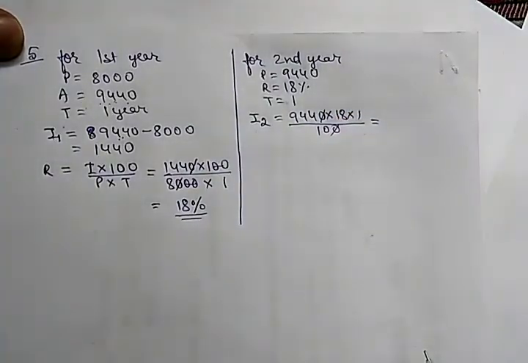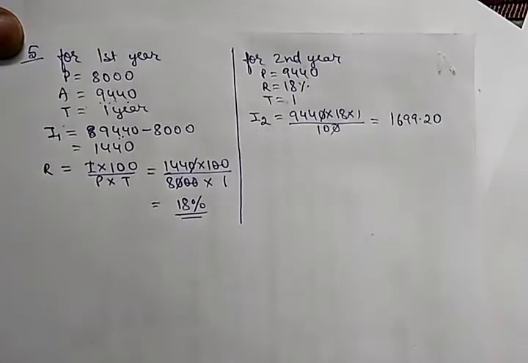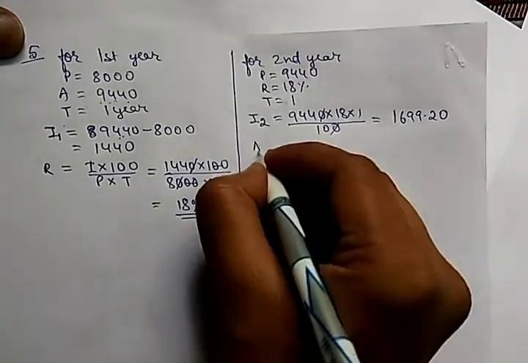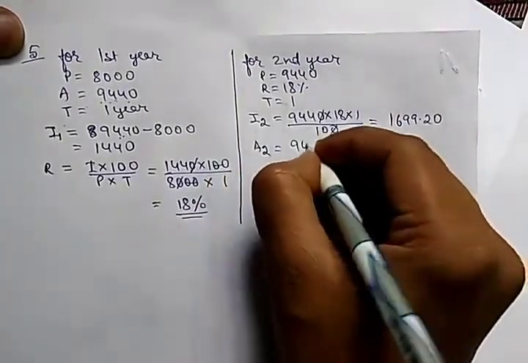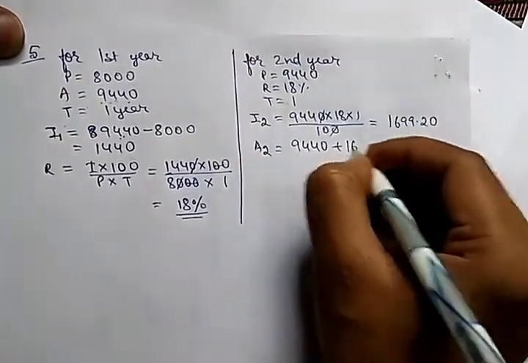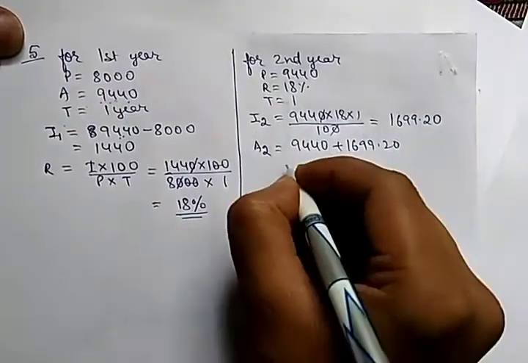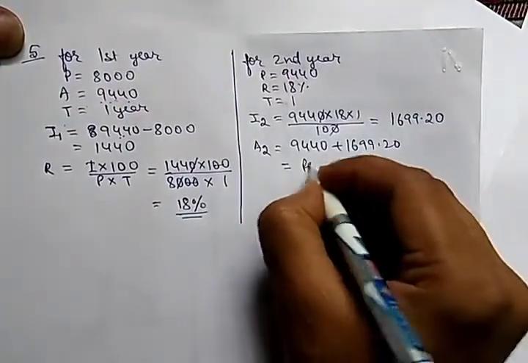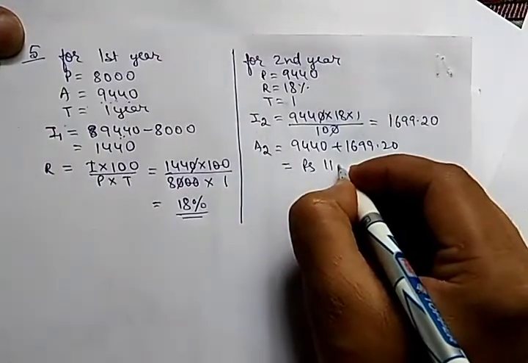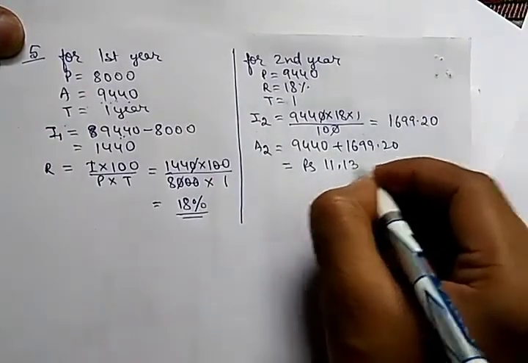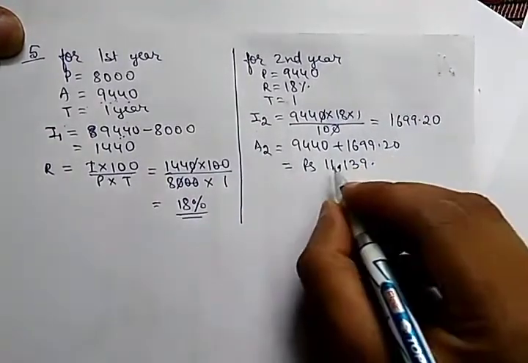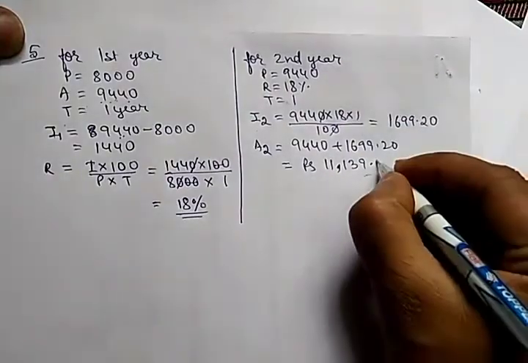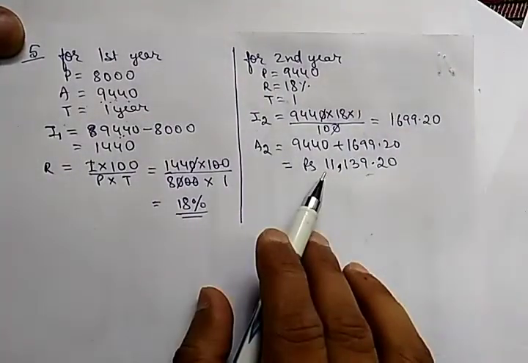So 18 into 94, it is coming 1699.20. So the amount for the second year will be 9440 plus 1699.20, that is equal to rupees 11,139.20. This is the amount for the second year.